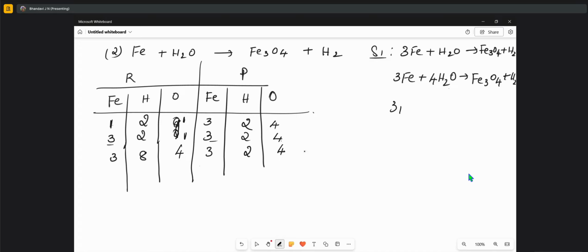So again 3Fe plus 4H2O will give Fe3O4 plus H2. Here it is 8, right? So I will make it 4H2. So it is now 3, here 8, and this is 4. Now here it is 3, oxygen 4, and hydrogen 8.